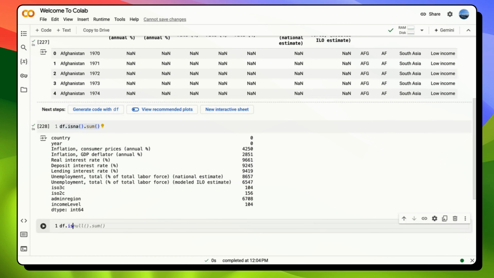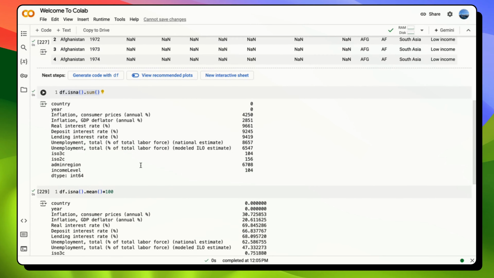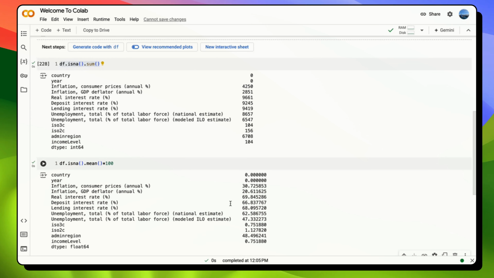What does it mean is, let's go ahead and see in the percentage. So 30%, 69%. That's not good.